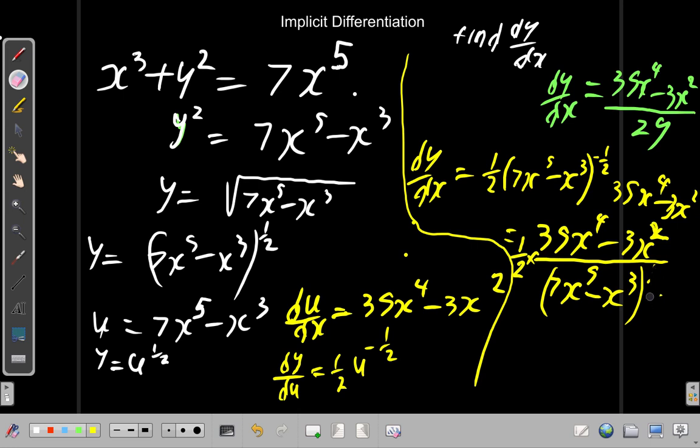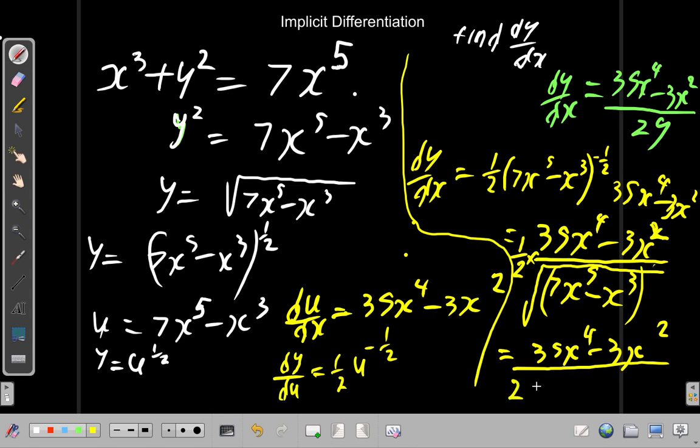All right, good. Now this is 35x to the fourth minus 3x squared over 2 times the square root of 7x to the 5 minus x cubed, which is the same as y. We saw it here.